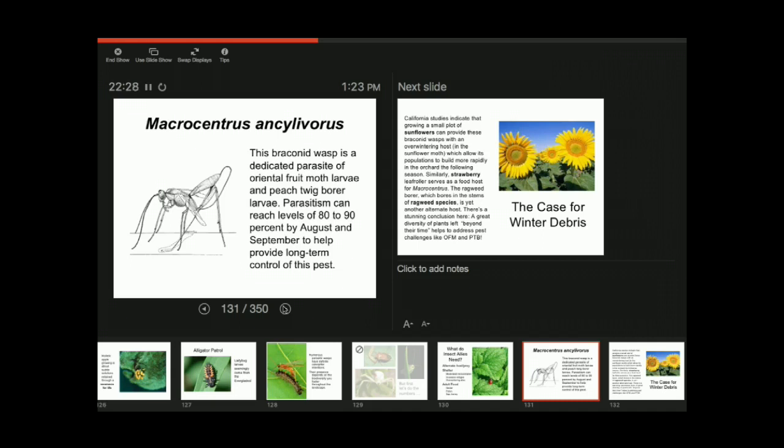And so it becomes relevant. On the other hand, if you know a few things about the cycle of Macrocentrus, a good 85% of this particular pest can be taken care of. Oriental fruit moth not only goes for peaches, but the next generation goes after apple fruit, and it eats around the calyx end, and that's where you'll visually see the little worm at harvest time.